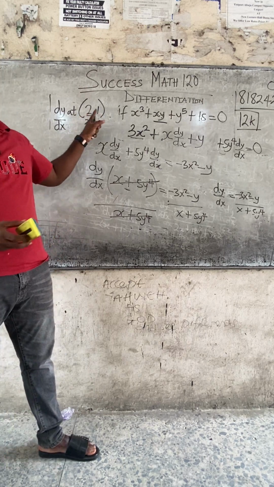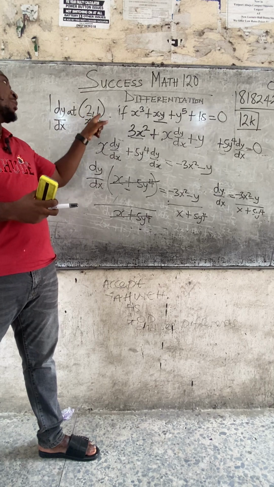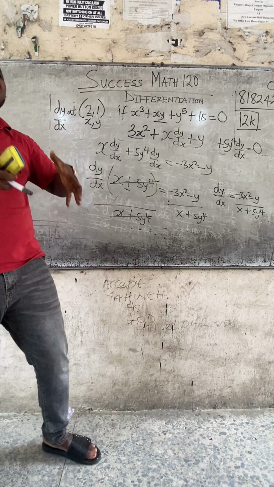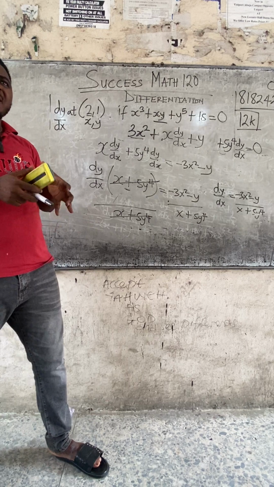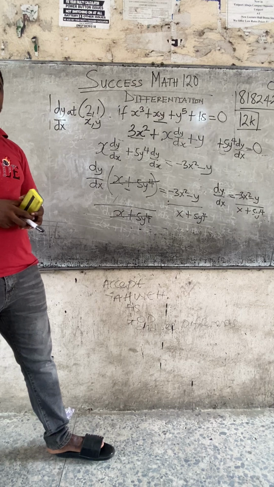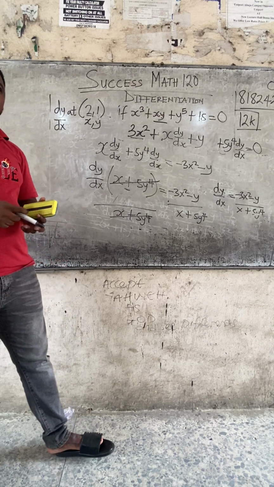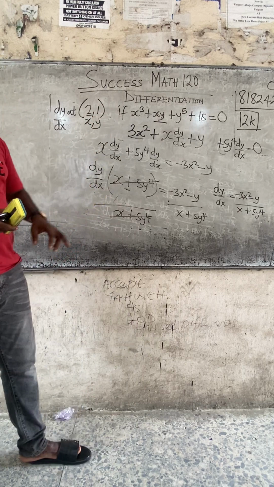Meaning anywhere you see x put 2, anywhere you see y put 1. The first entry is called the x component and the second entry is called the y component. So x is 2, y is 1.